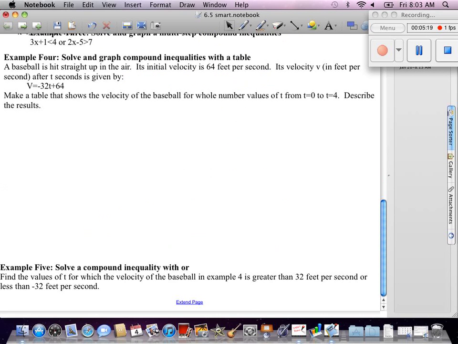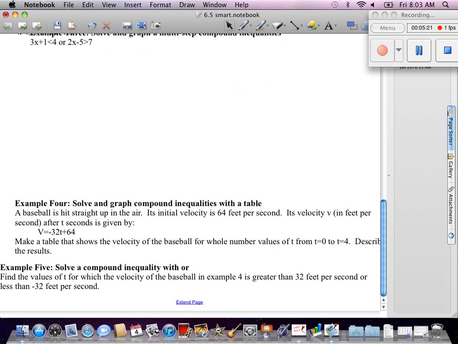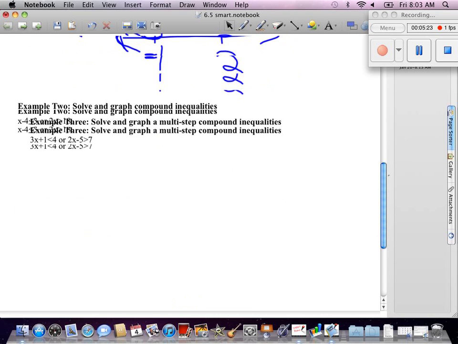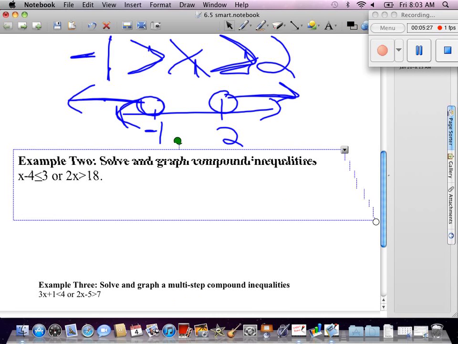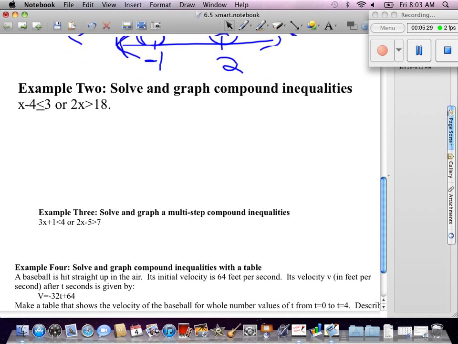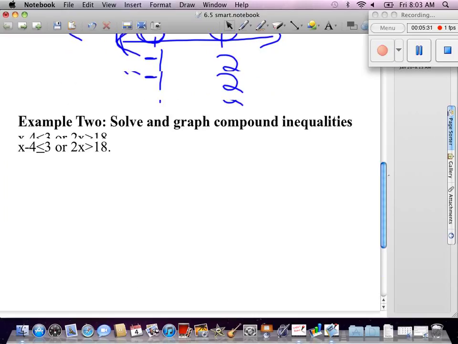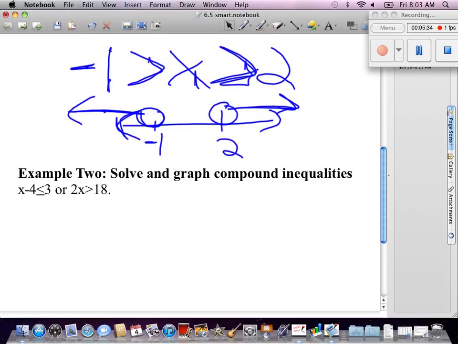All right, so we should move down to example 2. Okay, we've got x minus 4 is less than or equal to 3, or 2x is greater than 18.